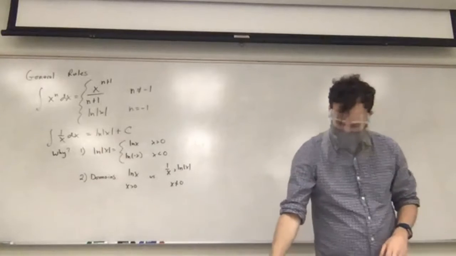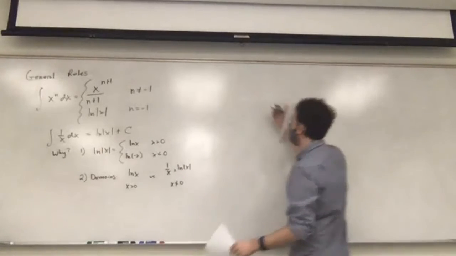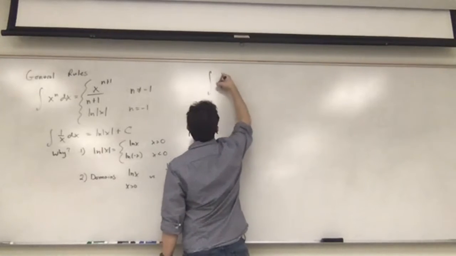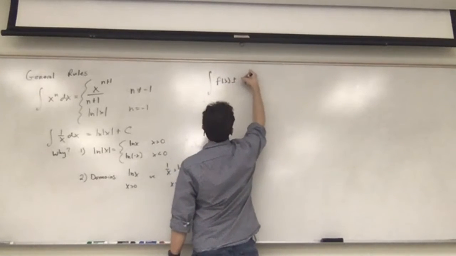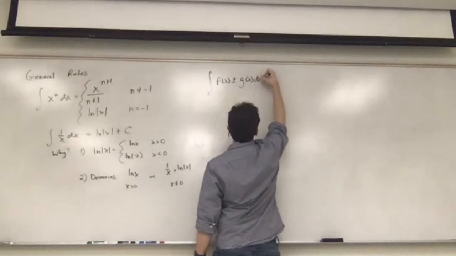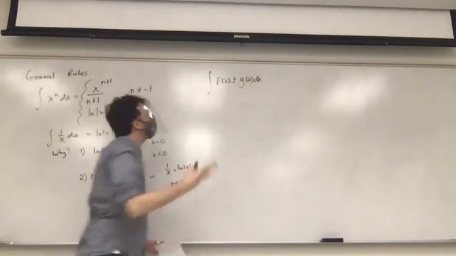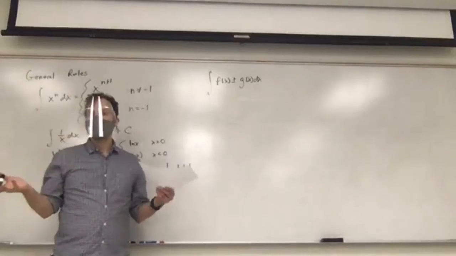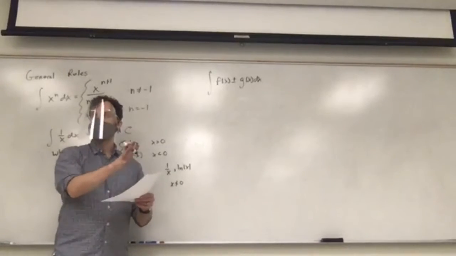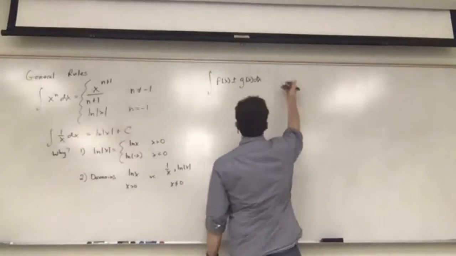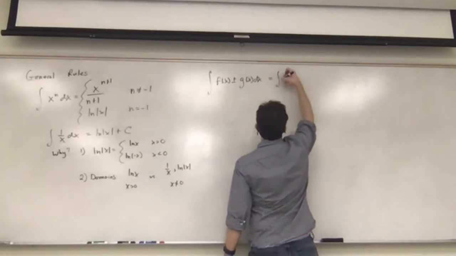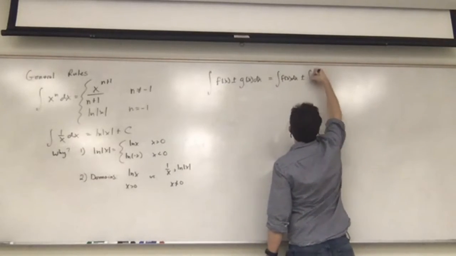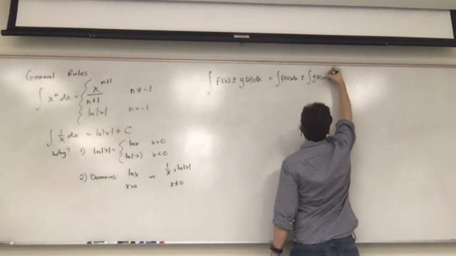For a couple other rules, the first two we've really used already. So we could see the integral of f plus or minus g. The examples we've seen have had a couple things added or subtracted, and the way we did it was we dealt with each of them separately and added them back up. And that always works. The integral of f plus or minus the integral of g.